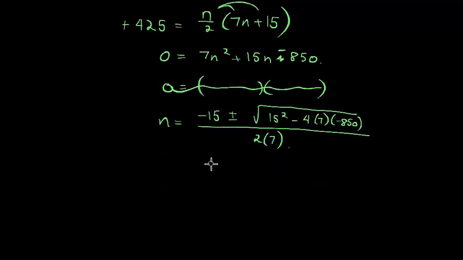What answer do you get? No, then you didn't make this one a negative. That one must be negative. So minus 85 over 7, or 10, minus 12 or 9.42.